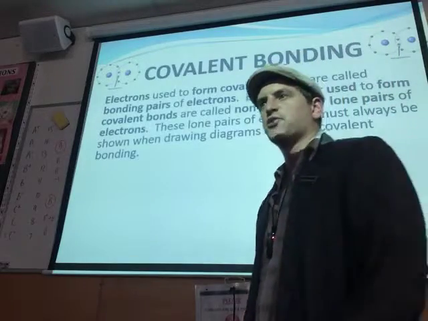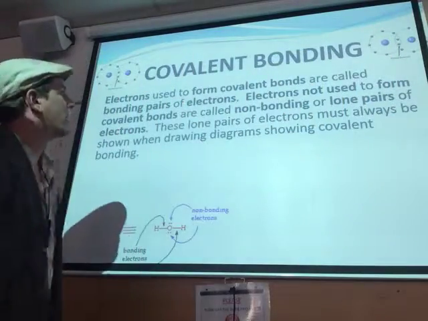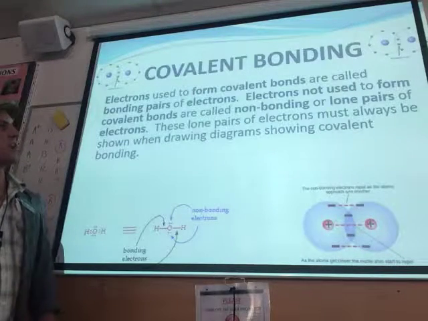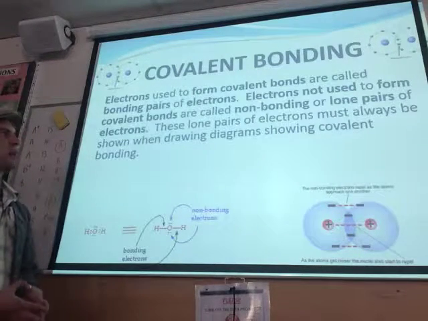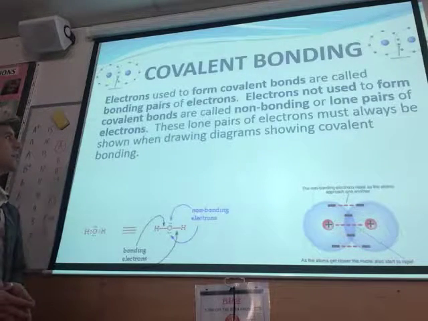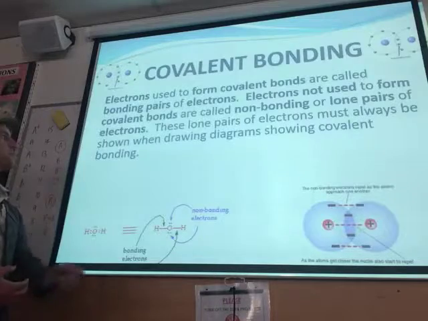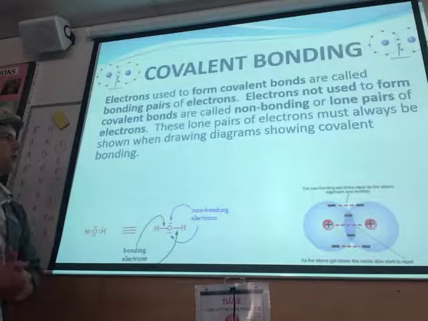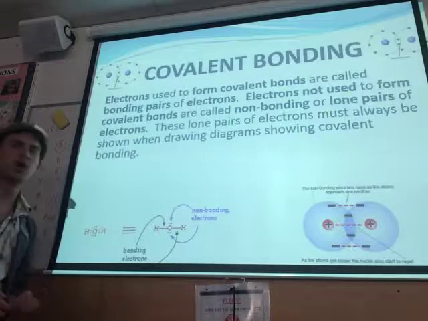Now, the electrons that are used in the bonds are called bonding pairs. The electrons that are not used to form covalent bonds are what we call non-bonding or lone pairs of electrons. And you must always show lone pairs of electrons when we're drawing diagrams showing the covalent bonding.